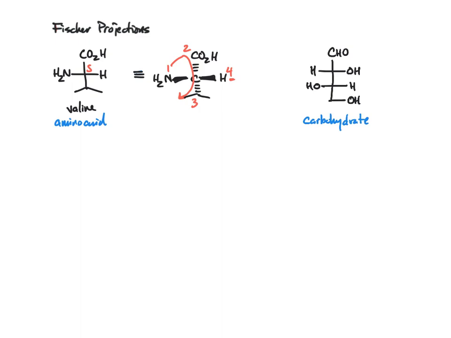It has a 4-carbon chain, so it's a tetrose. How many stereogenic carbons do we have in here? There are 2, at carbons 2 and 3. So if we number this chain 1, 2, 3, 4.